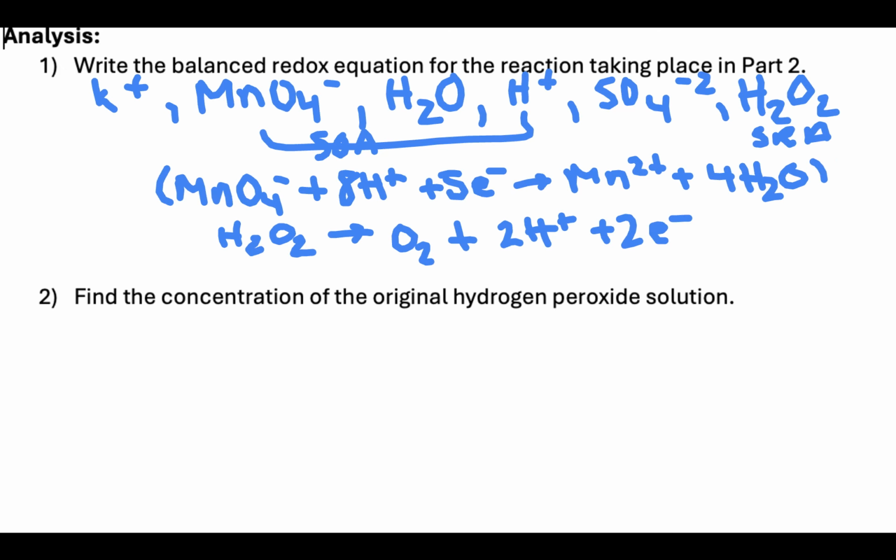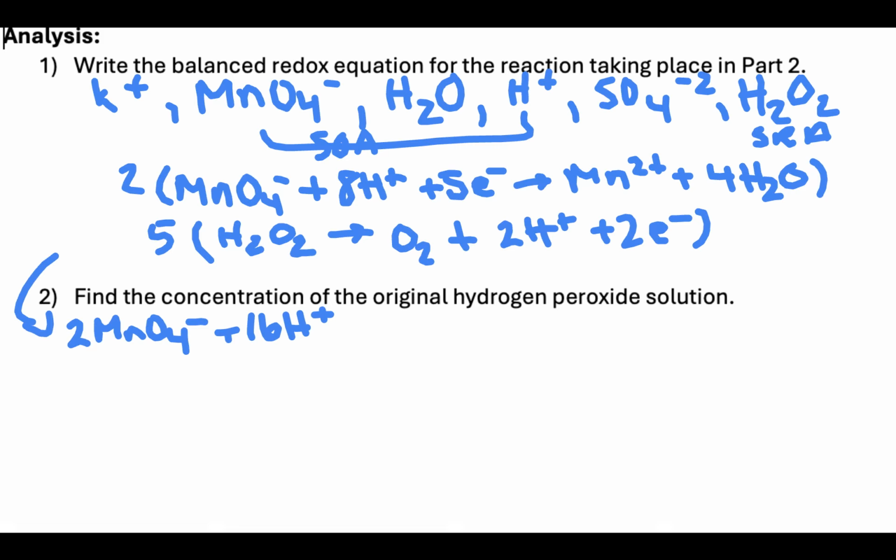All right, so from here we can add this together if we balance out our electrons. So we have to multiply the first reaction by 2 and the second reaction by 5. So I'm going to go ahead and write it down here. You'll end up with 2 MnO4 negative plus 16 hydrogens plus 10 electrons plus, going down to the next line, 5 H2O2.